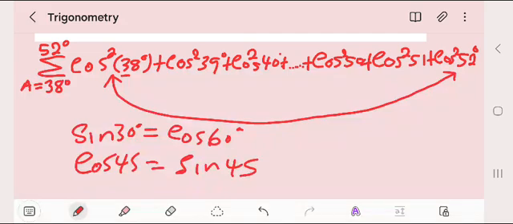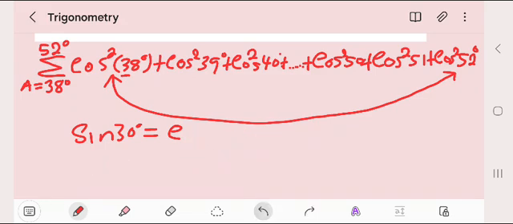You can change this. So let's say you're given something like this: you sum up, for argument's sake, sine 31 plus cos 59. These angles add up to 90.